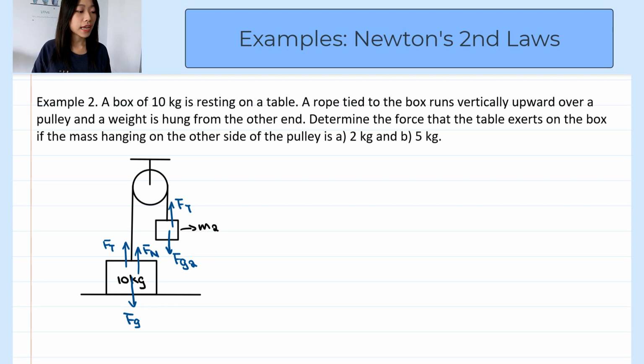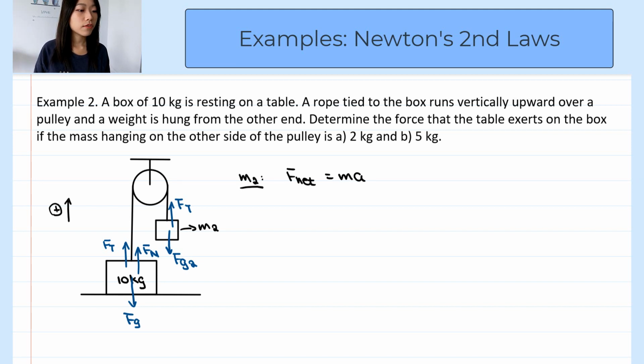Now let's look at Newton's second law on mass 1 and mass 2. Let's start with mass 2. In this problem, there are only forces in the y direction. Let's define y is positive upward. So Newton's second law says F net equals mass times acceleration.